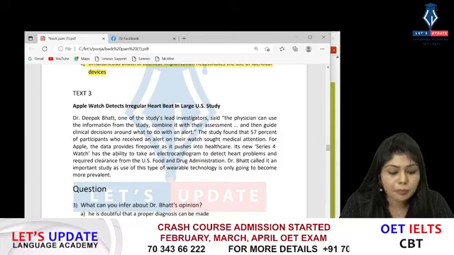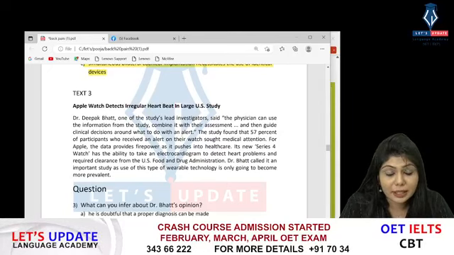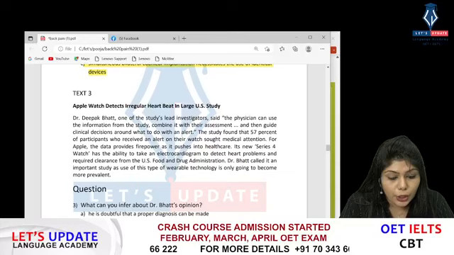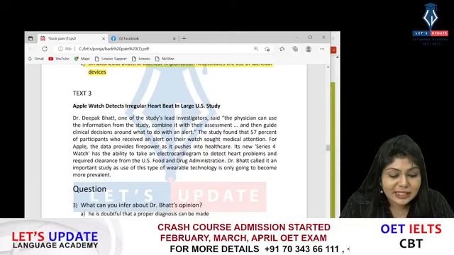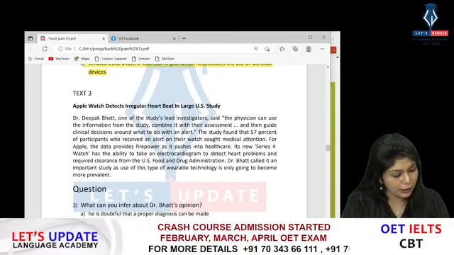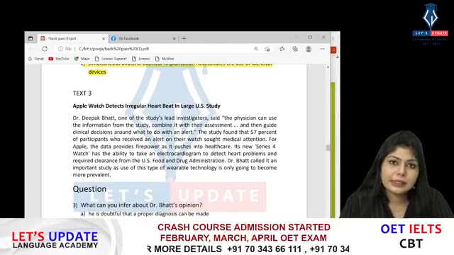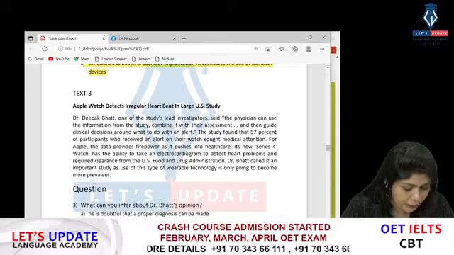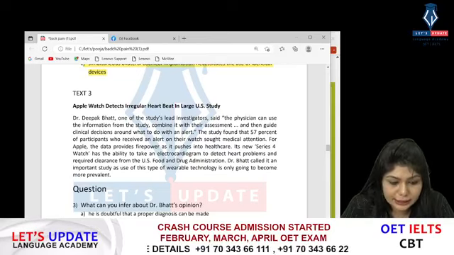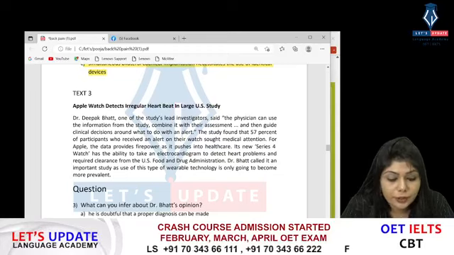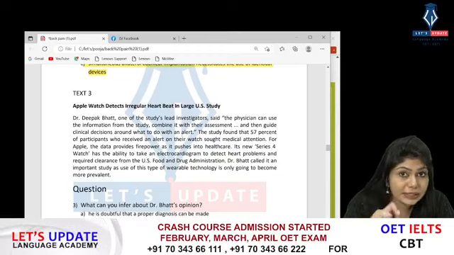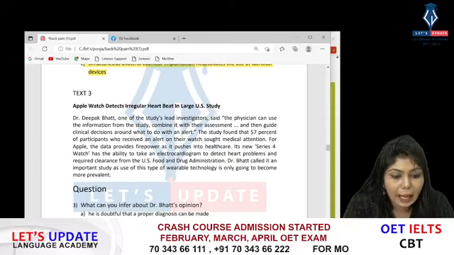C? He is a proponent of the medical uses of wearable technology. What do you mean by the word proponent? Proponent means a person that advocates or supports a theory. So yes, he is a proponent, but of the medical uses of this wearable technology, which is Apple Watch.